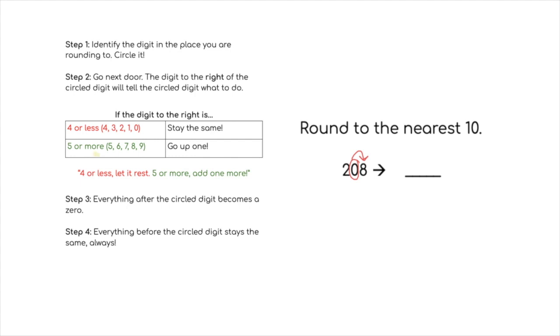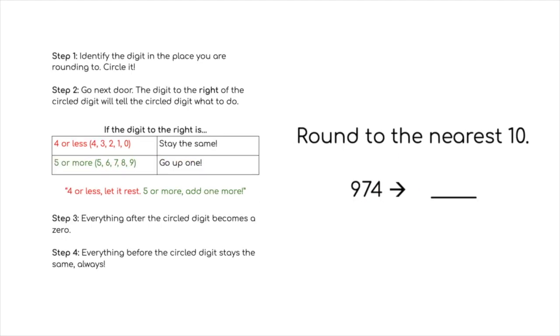When we look at our rounding rules, the 8 would be 5 or more, so it tells the circle digit to go up 1. So the circle digit is a 0, it goes up 1, and it becomes a 1. Step 3 tells us anything after the circle digit becomes a 0, so the 8 becomes a 0. And the new step, step 4, anything before the circle digit just always stays the same. You always just copy whatever that digit is. So the 2 stays a 2.